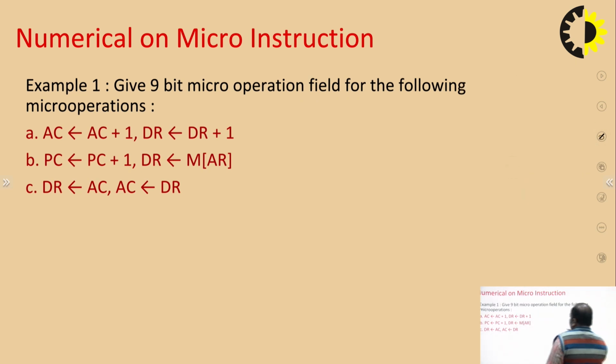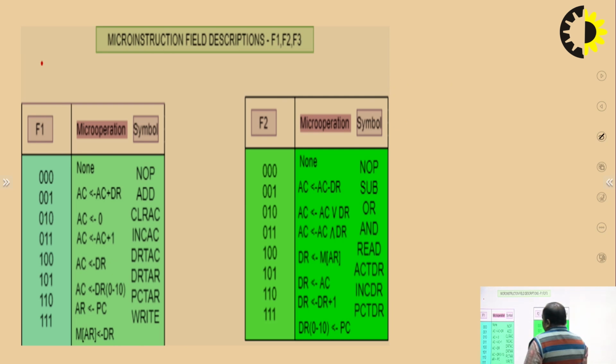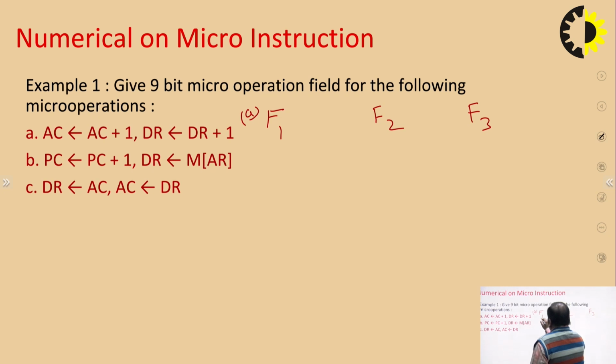F1, F2 and F3. For the A part, we check F1, F2 and F3. We see that for incrementing the accumulator we use the code 011 in F1. So 011 in F1 for the A part.